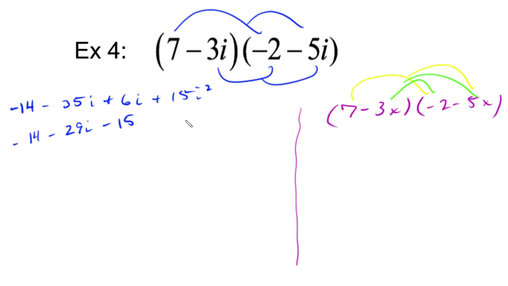Well, i squared is negative 1, and 15 times negative 1 is negative 15. Combine that with the negative 14, and you've got negative 29. Negative 29 minus 29i. I feel like I've done this example before. Anyway, so that's it. There's your answer.